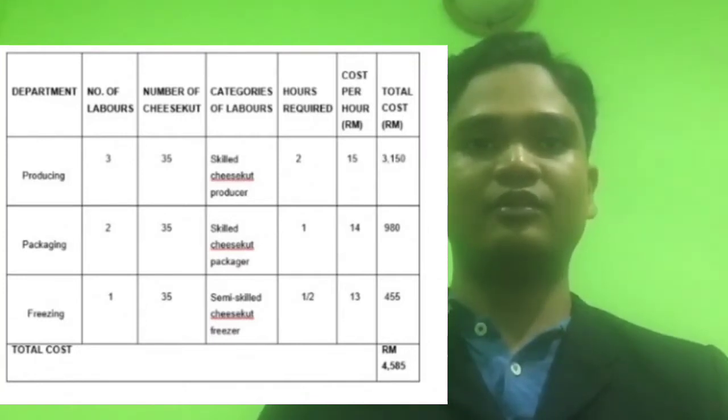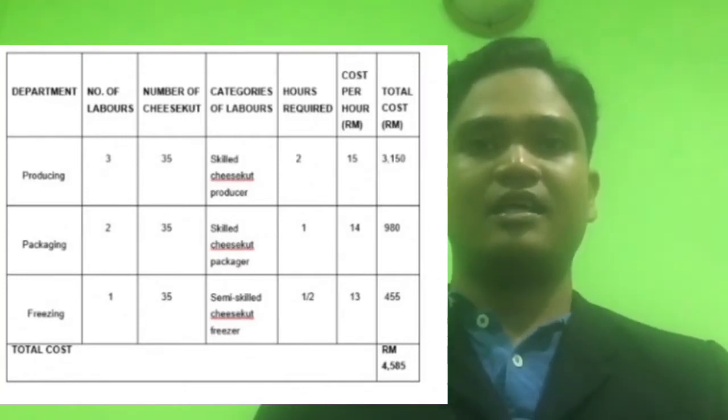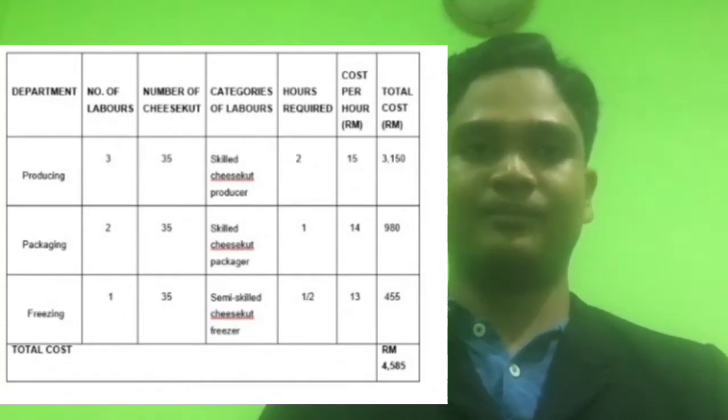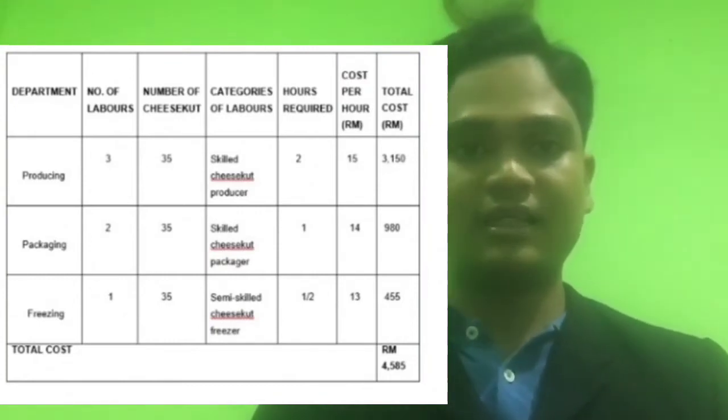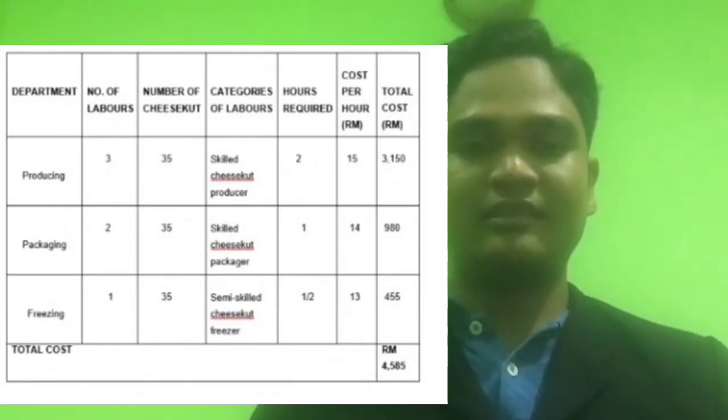So the overall total for freezing is 455 ringgit. The total cost of the whole department is 4,585. So that's it, my part.